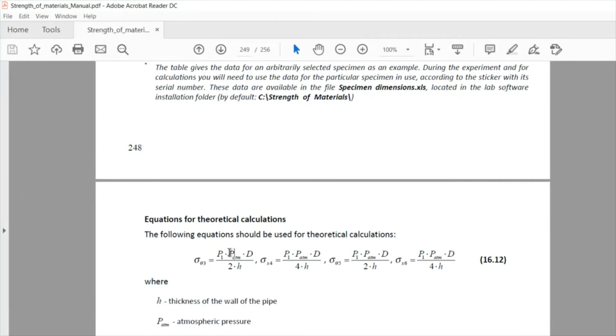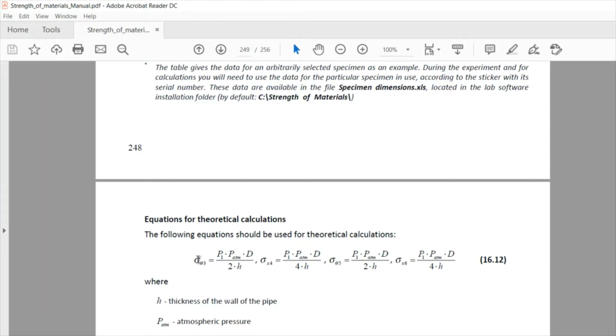It is 1 multiplied by 10 to the power 5, which is Pascal, and then we multiply it by P1. P1 is the value that we are measuring through our device, and then multiplied by d over 2, which is the radius of the cylinder, and h is the thickness of the cylinder.